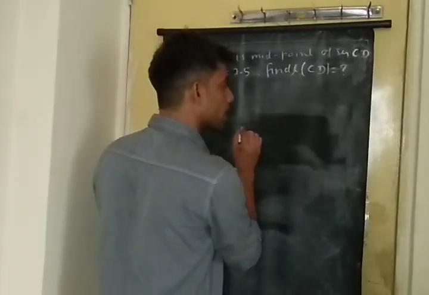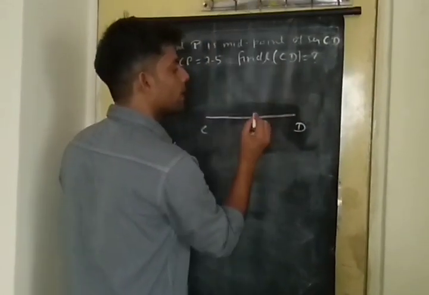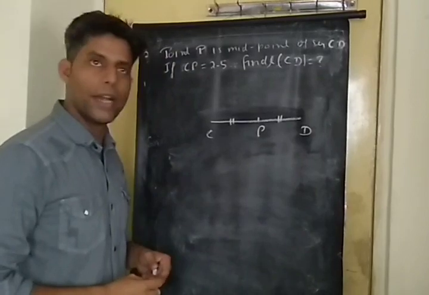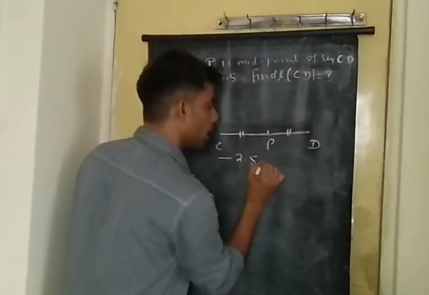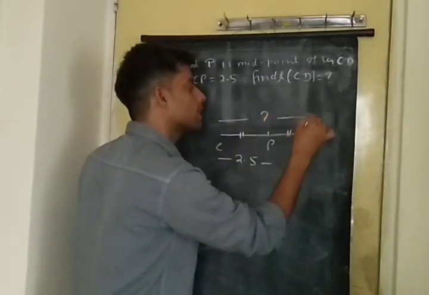So let me draw segment CD for you. And here is your segment CD. What is said? That P is the midpoint. So we get CP equals what? PD. Now they have given us the value of CP, which is 2.5, and we are asked to find out the whole CD.